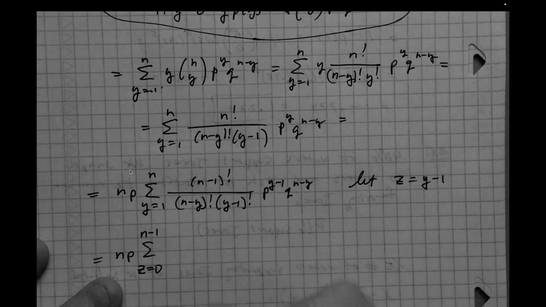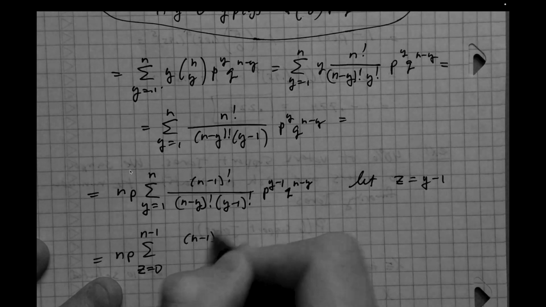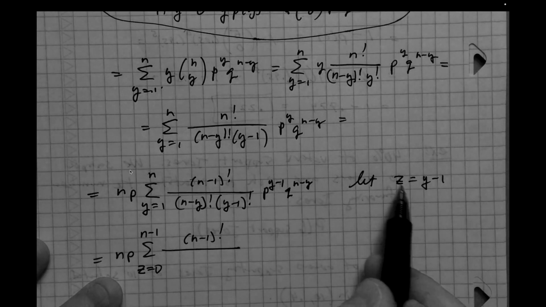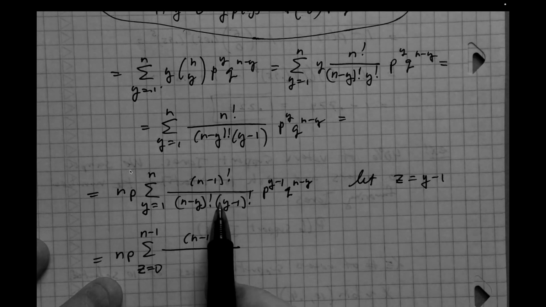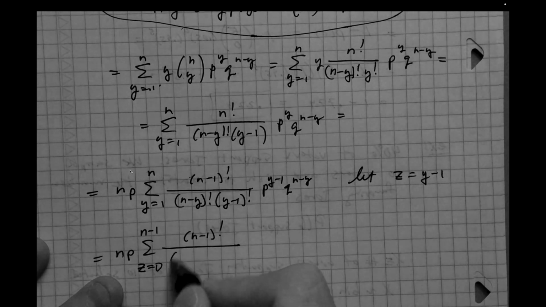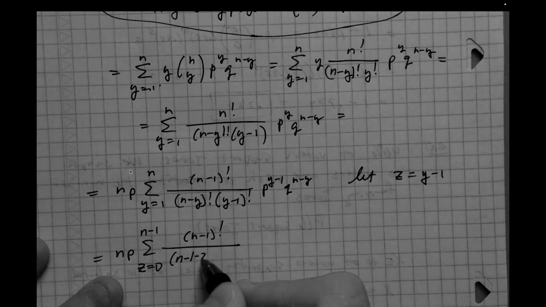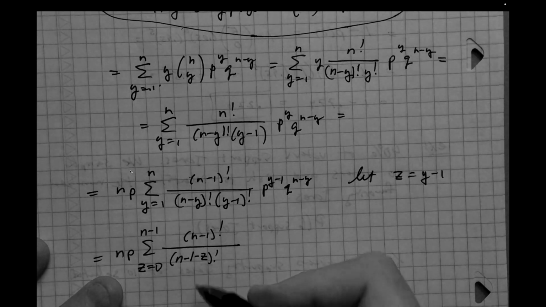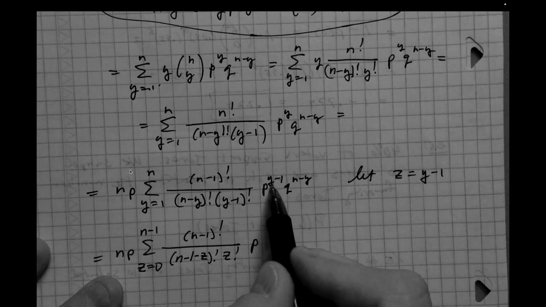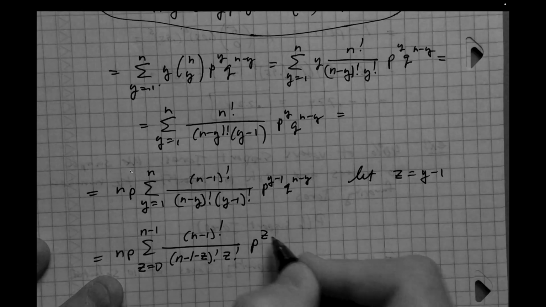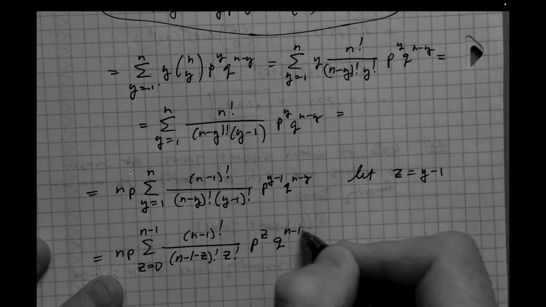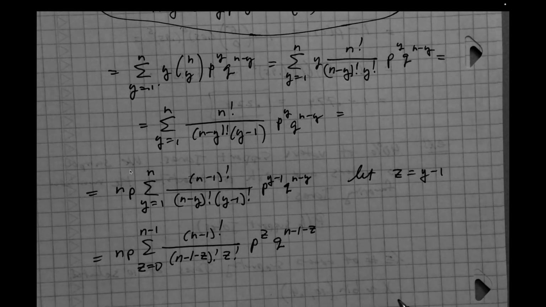So z is equal to y minus 1, and we have on top still (n minus 1) factorial divided by, since z is equal to y minus 1, we can change this piece here so that it reads (n minus 1 minus z) factorial, and then times z factorial, and then p to the z power, and then q to the n minus 1 minus z power.